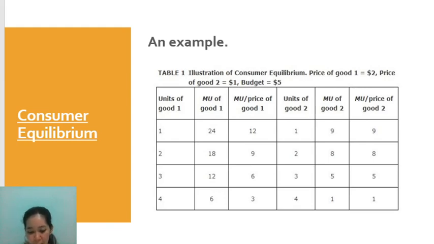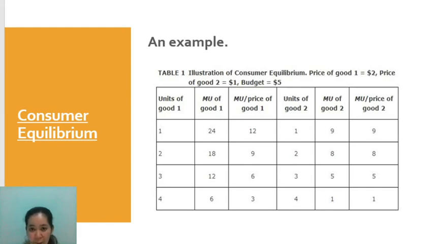that unit of good. So here in the table, we also report the ratio of the consumer's marginal utility to the price of each good. For example, the consumer receives 24 utils of marginal utility from consuming the first unit of good number 1. The price of good number 1 is $2.